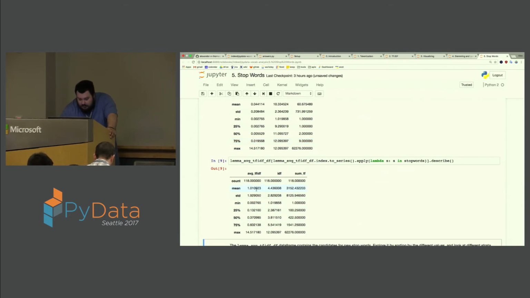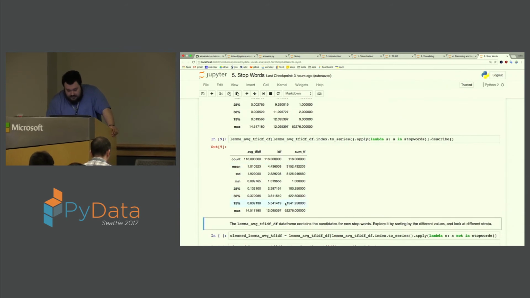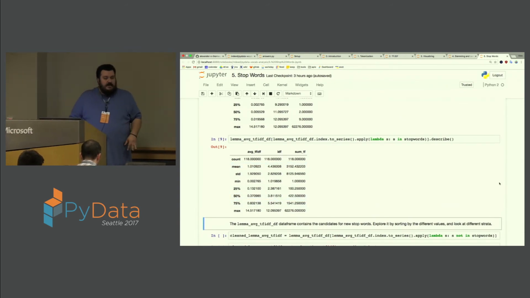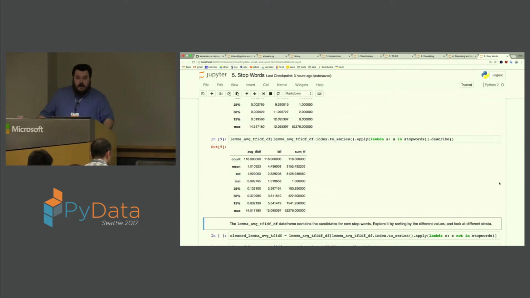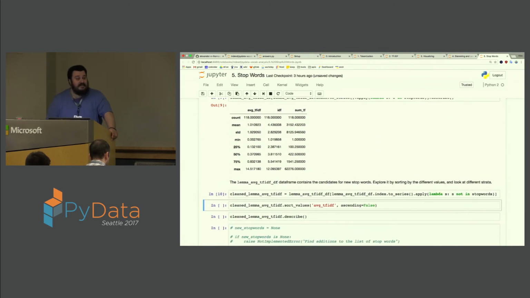For the mean, it's not that much, oh, well, it's pretty big. So it looks like we definitely have differences. So it definitely seems like average TF.IDF is a good indicator, but I don't know if I would make a hard and fast rule. When you implement your extra stop words, feel free to do a hard and fast rule. But I would say that you might remove some words that are useful.